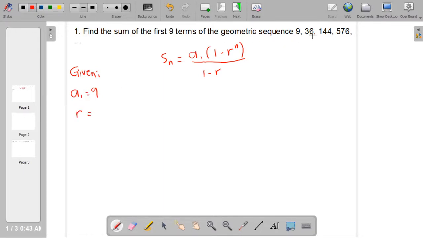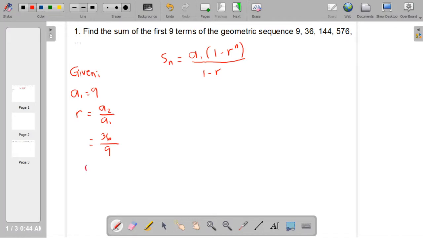So for the common ratio, all you have to do is to choose any 2 consecutive terms, no? For this case, we're going to use the a sub 2 and a sub 1. And then again, kinahanglan si a sub 2 as dividend and the divisor si a sub 1 to find the common ratio. What is your a sub 2? That is 36. That's divided by your a sub 1, which is equal to 9.